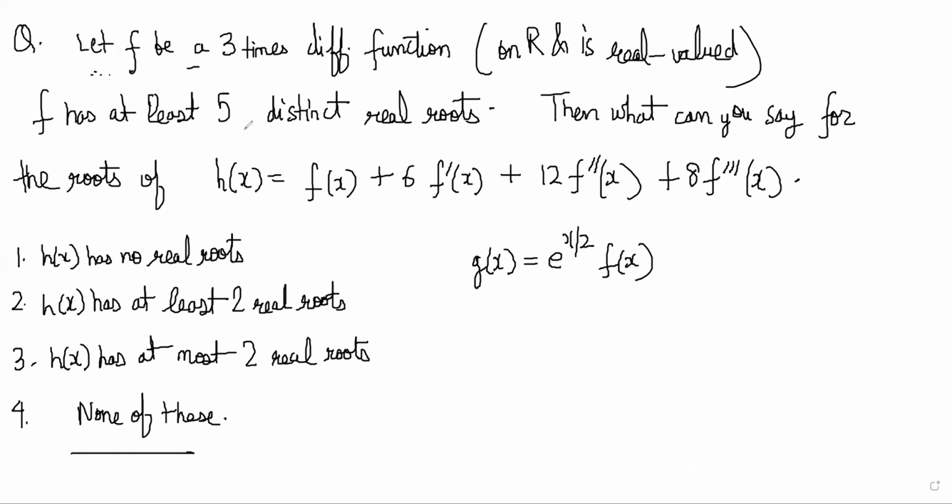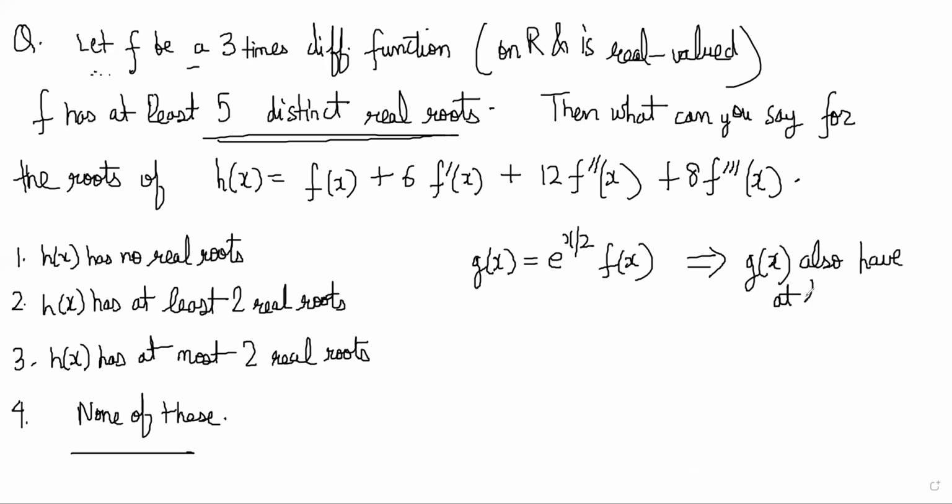Now what is given to you is that f has at least 5 distinct real roots. So that implies that g of x also has at least 5 real roots, because g of x is just a multiplication of f with this, and this is always positive. Whenever f of x is 0, g of x is 0.